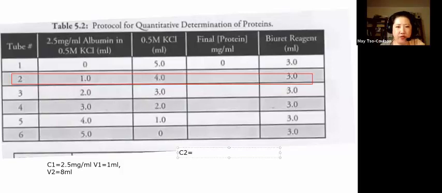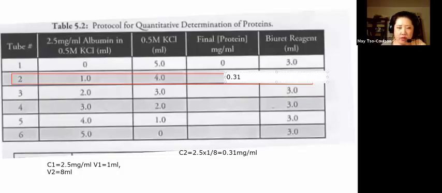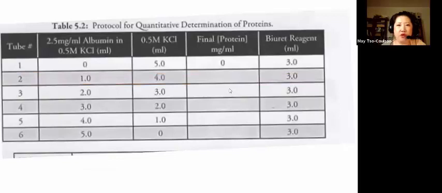In this case, it is 2.5 times 1, I'm not going to put in the units for space, and then that's divided by 8. We do that, we get the value 0.31 milligrams per milliliter. So we can fill that into the table. So that is 0.31 milligrams per milliliter. Okay, so we can continue to fill out the table, but I will not do that in this video.